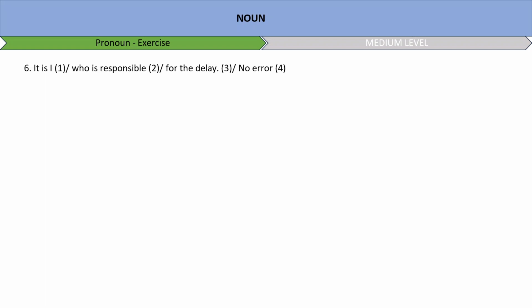So based on the question, the answer will be, see, we should replace is with am. It is I who is responsible for the delay. It is I who am responsible for the delay. It is I who am responsible, because the antecedent of the relative pronoun is I, which always agrees with the verb am.